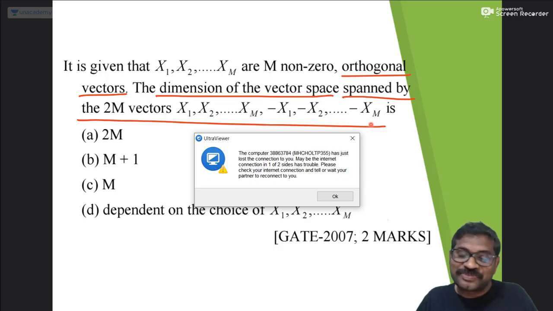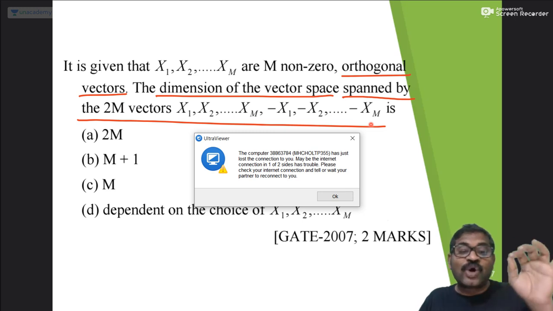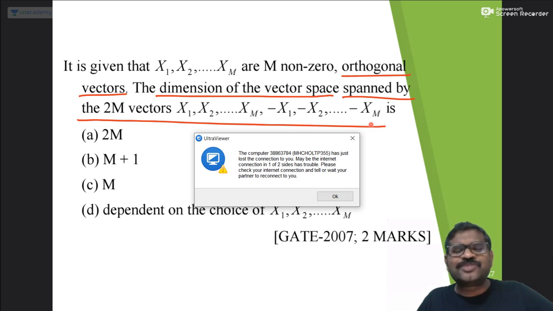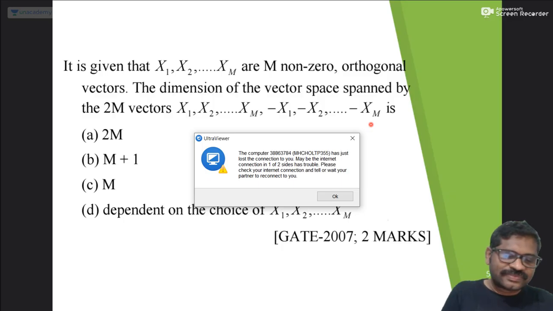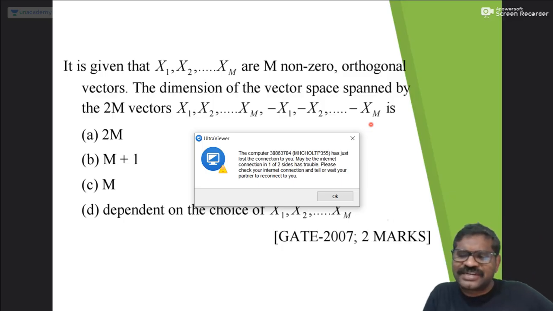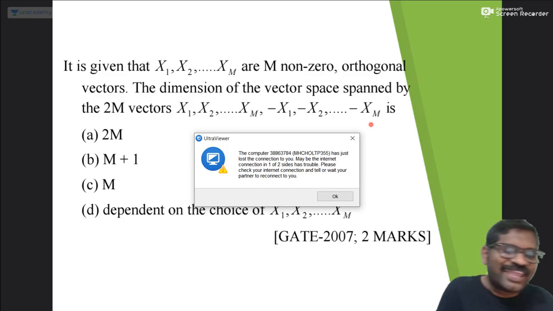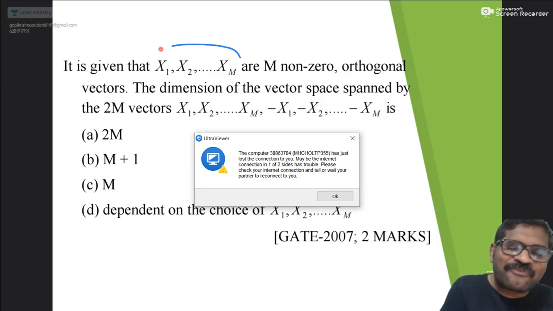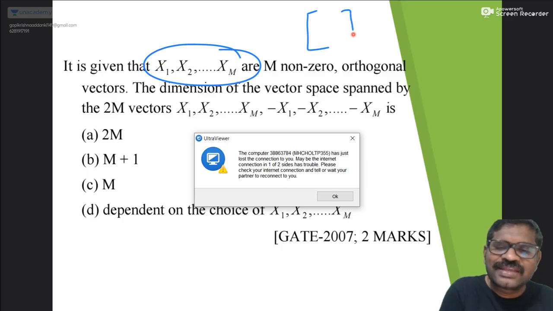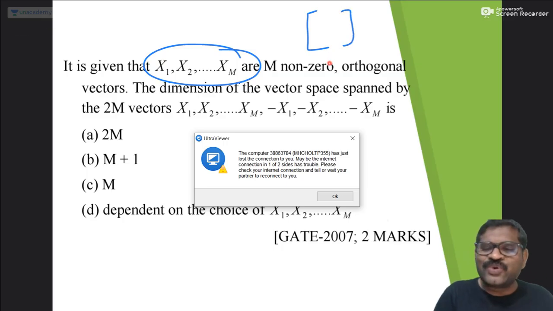First, understand the question. It is given that there are m non-zero orthogonal vectors. Sir, what is the speciality of these orthogonal vectors? Please concentrate. If m non-zero vectors are orthogonal vectors, they are 100% linearly independent. If you take these m vectors in one matrix and calculate the determinant, that determinant value is 100% non-zero.